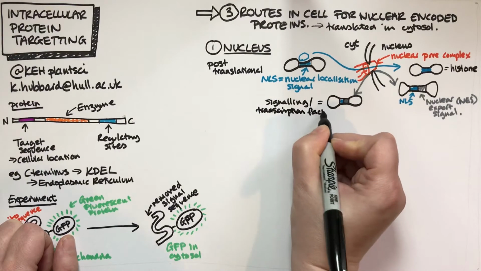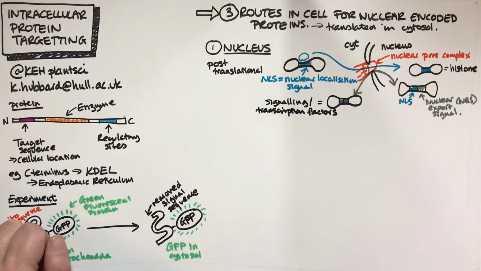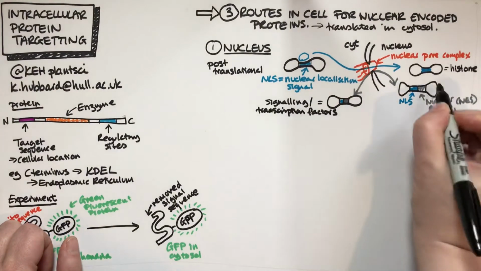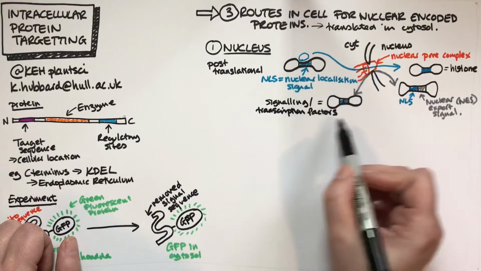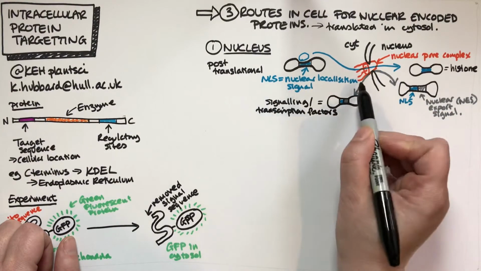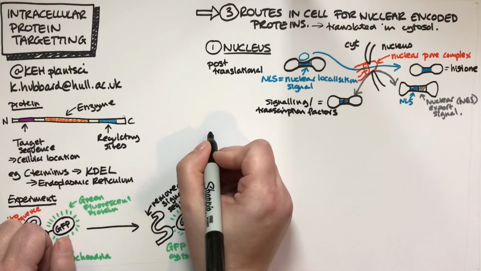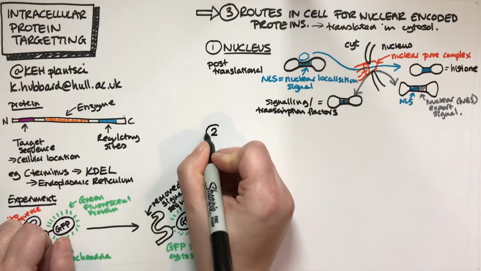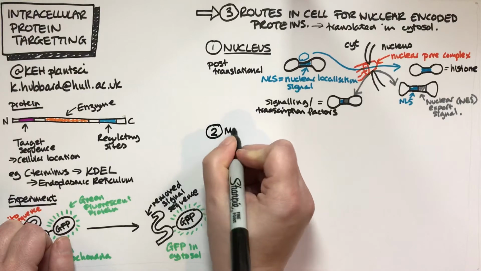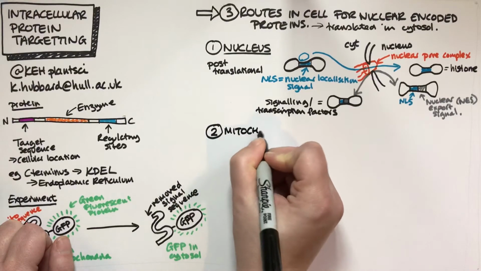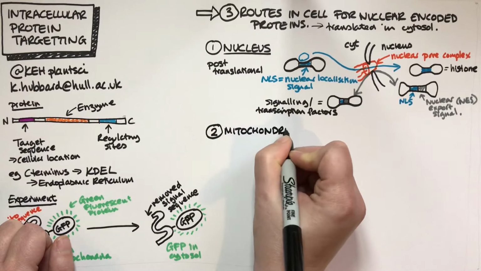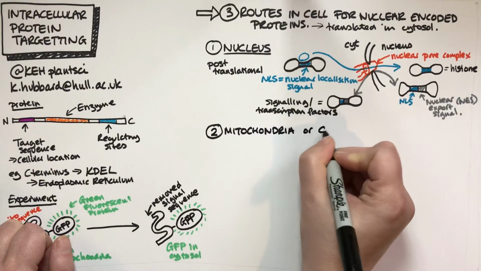So some transcription factors are sometimes in the cytosol and sometimes in the nucleus, and obviously where they are depends on whether they're activating gene expression or not. So nucleus, we go through the nuclear pore complex, it's a nuclear localization signal, and sometimes we have an export signal as well. So second location is either the mitochondria or the chloroplasts.